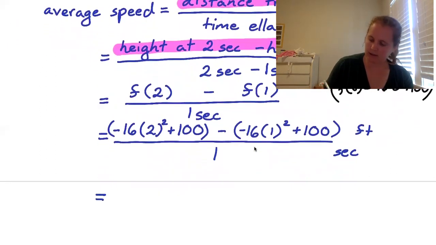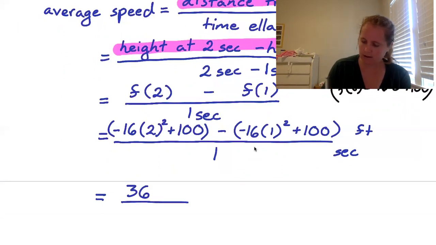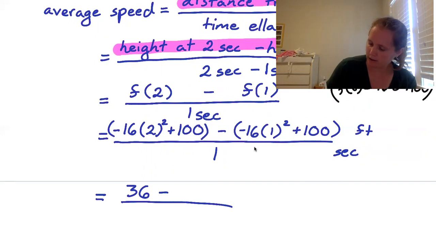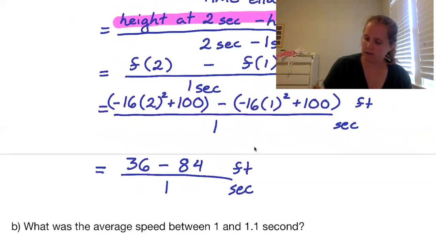Then negative 16 times 2 squared is negative 64 plus 100 would be 36. And we are subtracting off negative 16 plus 100, we are going to subtract off 84. And this becomes negative 48 feet per second.